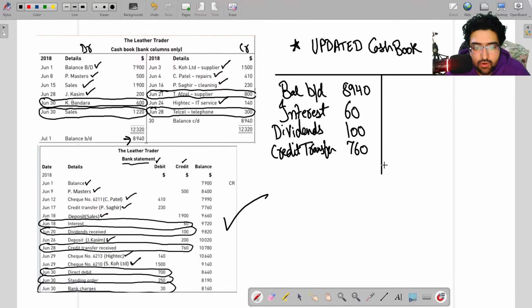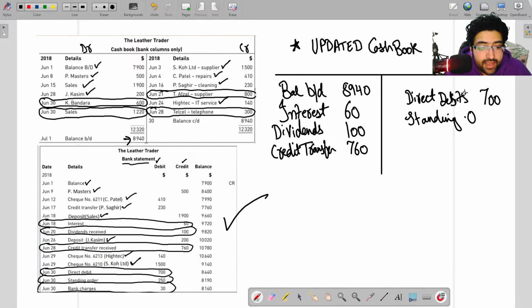Now on the credit side, we have made payments through direct debits. I have told you what direct debits are. So direct debits, and the amount is $700. Then we have paid for someone using standing orders, and we have paid $250.